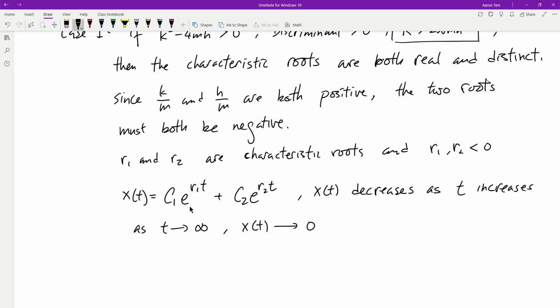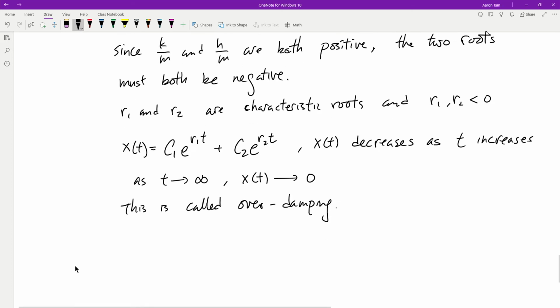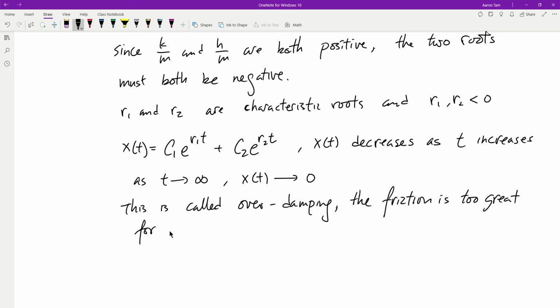Okay? In this case, this is called over damping, which describes the scenario where the object would fail to oscillate. In this case, it is over damping. The friction is too great for the pistons to oscillate.